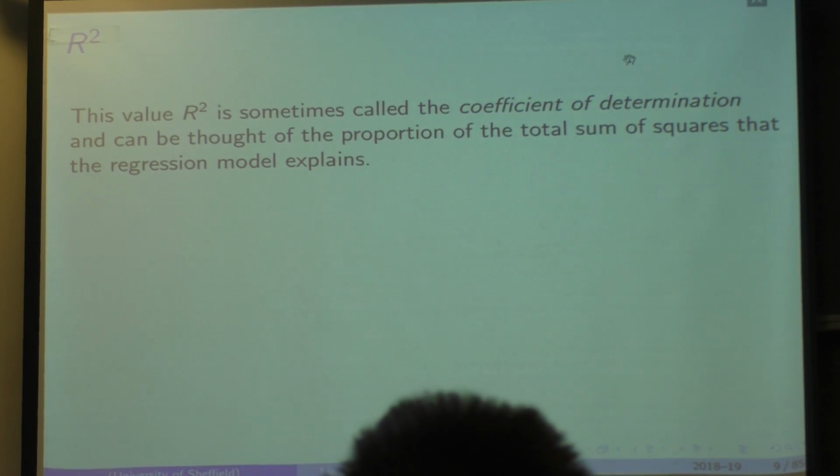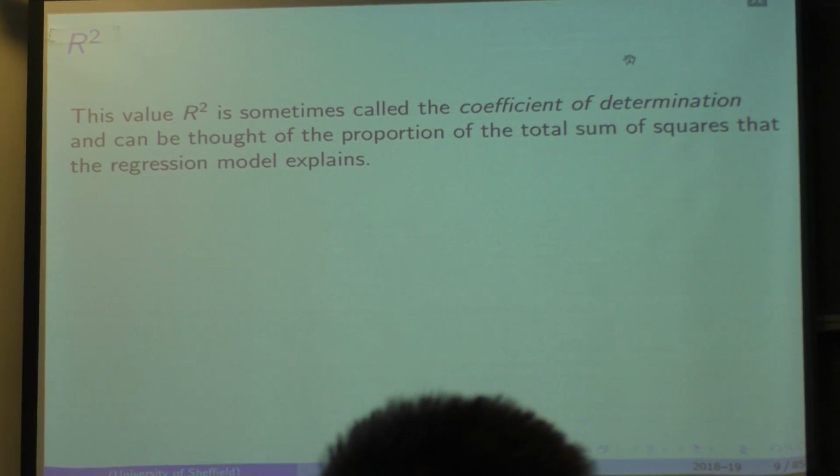It's often described as the proportion of the variation explained by the model. So you have an idea that your variation, which is essentially the SYY, the variation in the actual observed data, can be divided into 2 parts.